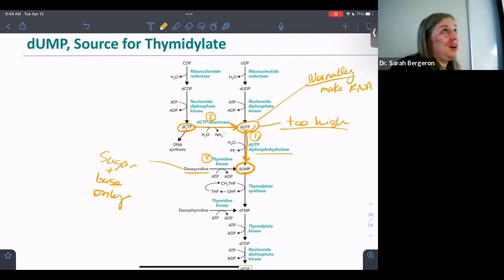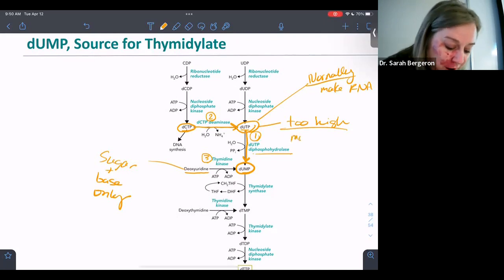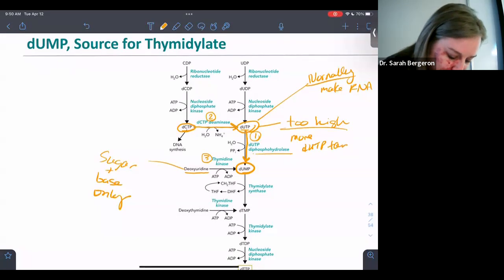It's not supposed to go there. But if there's so much of it and you don't have enough dTTP, where will it go? If this gets too high, you now have more dUTP than dTTP.